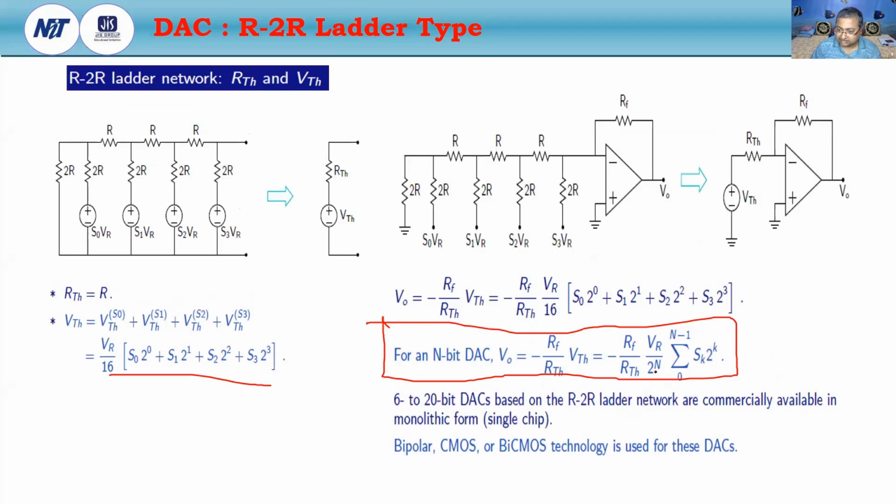If there is any Thevenin voltage, you should calculate like this. This is the Thevenin voltage. What is the Thevenin resistance? Simply R. What is the feedback resistance? This is the RF. So for any type of problem during the GATE exam, you should apply this formula.